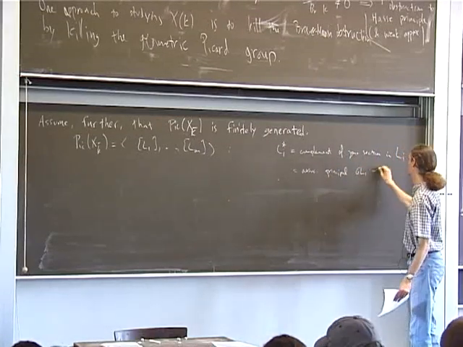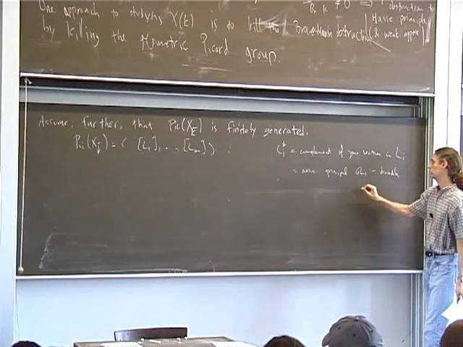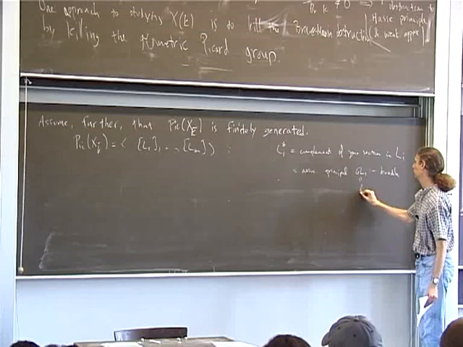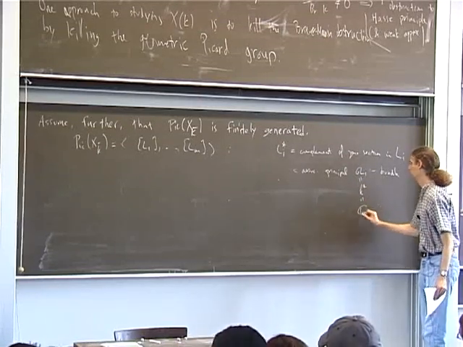So a line bundle is a vector bundle of rank 1. So it's a GL1 bundle, that is just to say a K star bundle, which is also often denoted G_m.